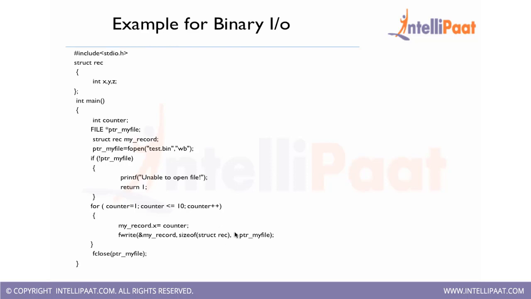Here one means only one memory segment is allocated which can accommodate the complete structure, and the file pointer. So in this case we are just writing the complete structure to the file, and then once we are done, we are closing it. So this is the operation that we can do in the binary file.